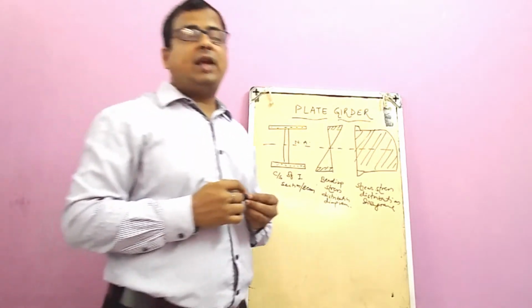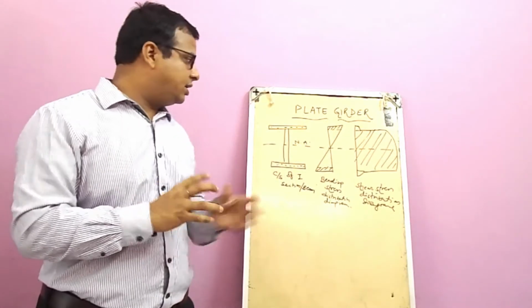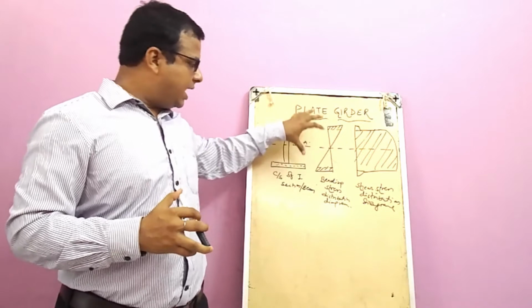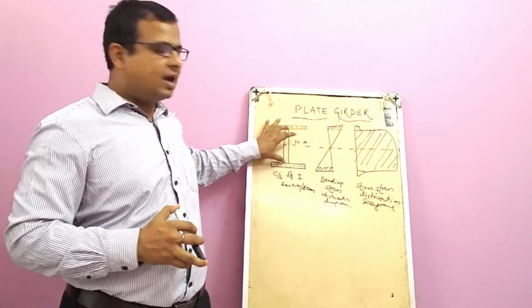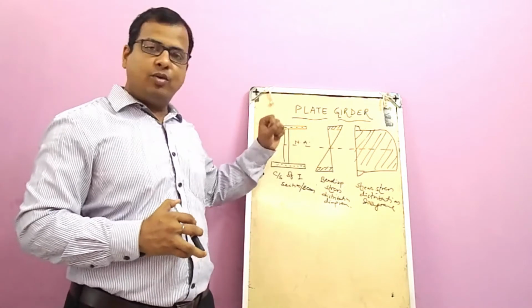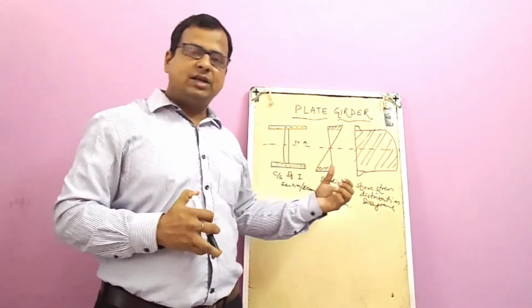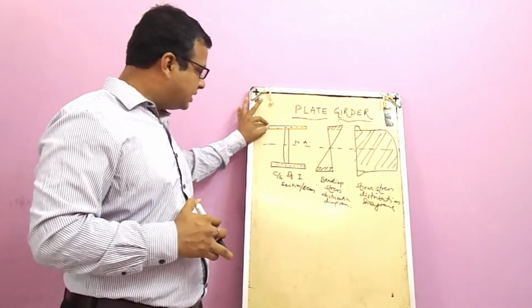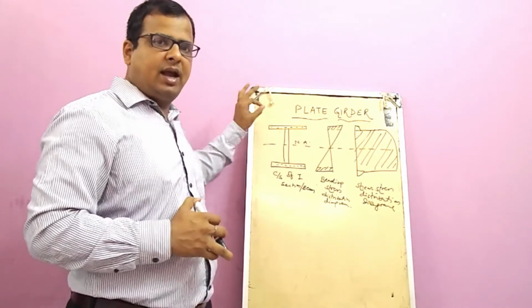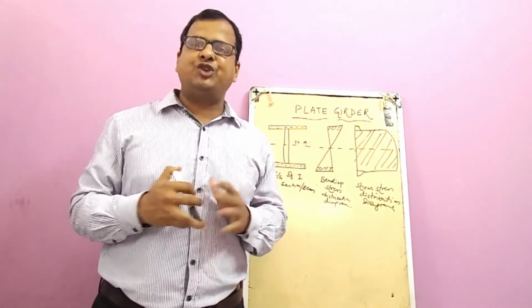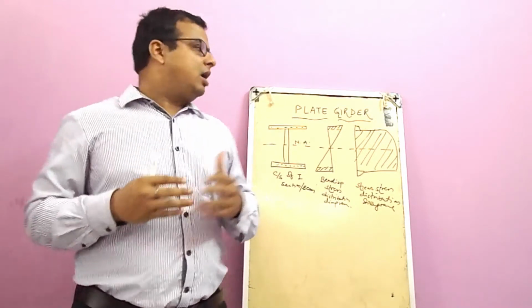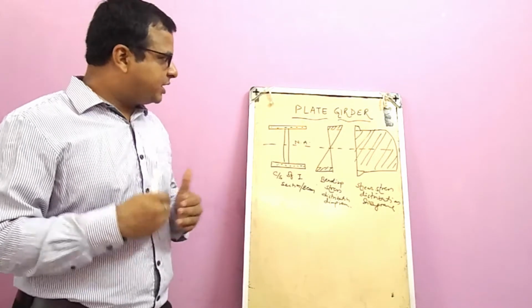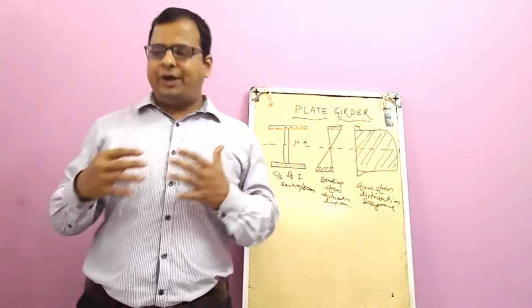So when we design this plate girder, we generally neglect the web for the bending moment, and in the case of the shear stress, we generally neglect the flange plate taking care of any type of shear stress. So this will be our basic principle of how we will design.